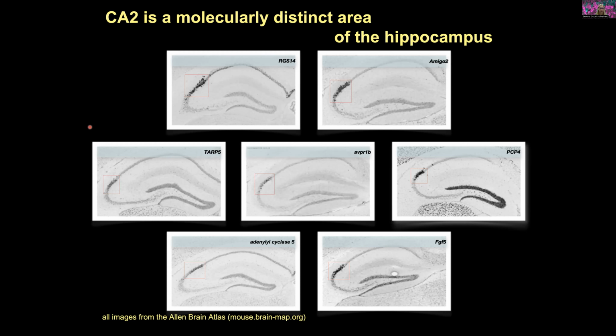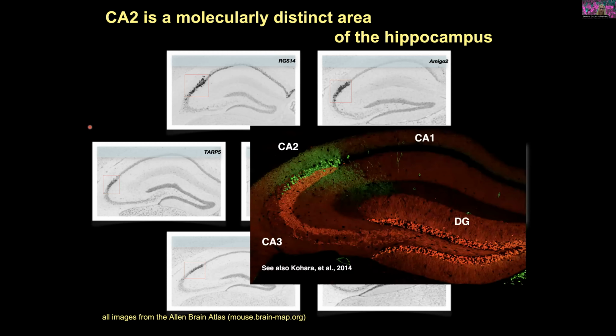But it was really the work of Fred Gage, Ed Lein, Fred Gage's lab and the Allen Brain Institute that really got us thinking that CA2 was a molecularly distinct part of the hippocampus. And that really started allowing us genetic access to do new and interesting things, but also allowed us to explore a little more on this part of the brain.